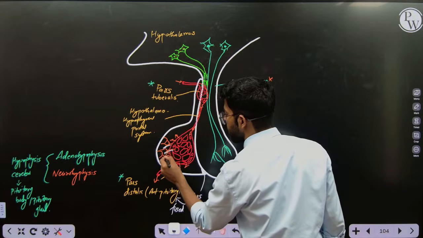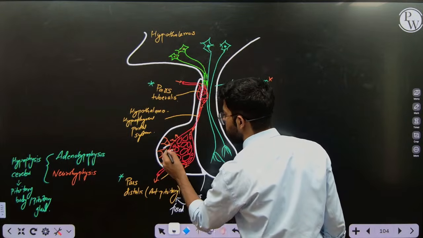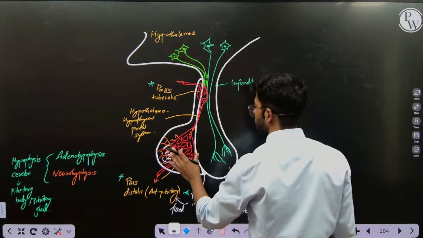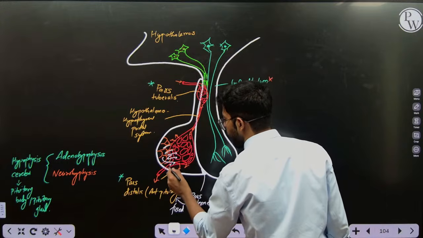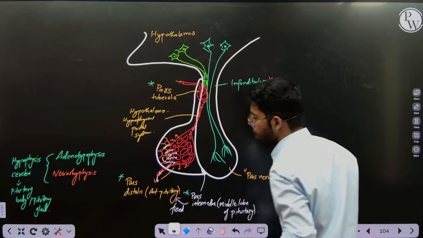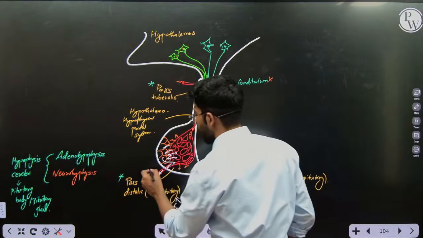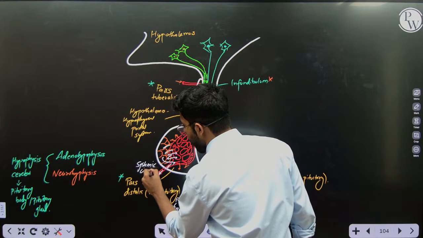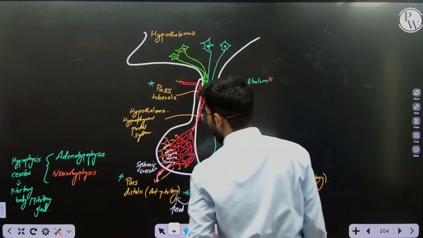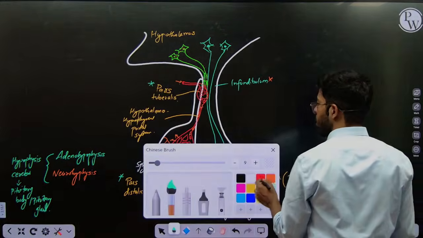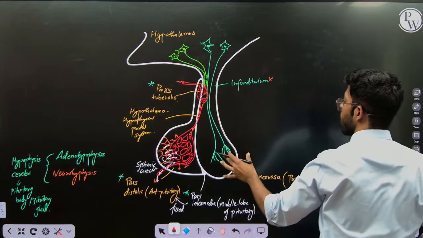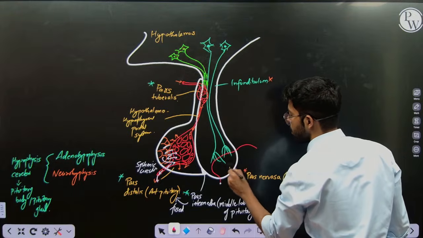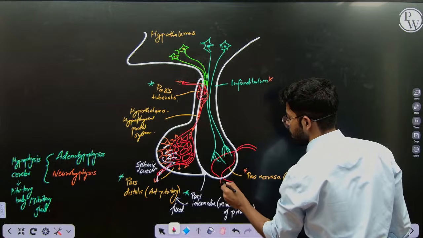They act on these cells, and then the pituitary cells release their hormones again into this capillary network, and they enter the systemic circulation, that means whole body circulation. And for the posterior lobe of the pituitary, this is the pathway by which the hormones enter the systemic circulation.